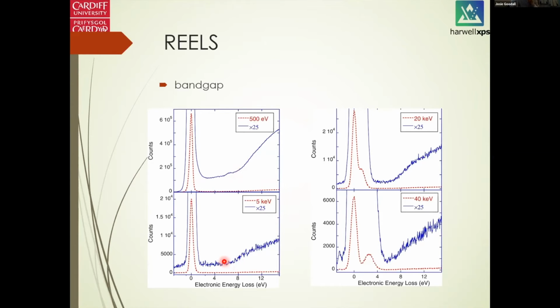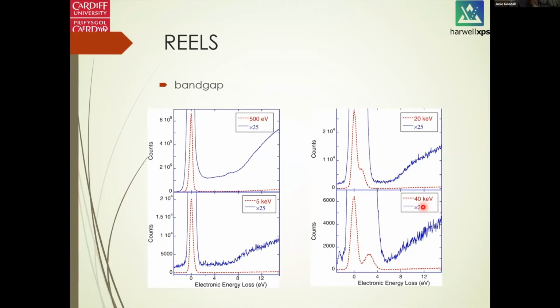However, with 5 keV and 20 keV, we could see the energy loss onset start appearing between 4 and 8, closer to 8 eV. And that helps us to measure the band gap of the aluminum nitride.